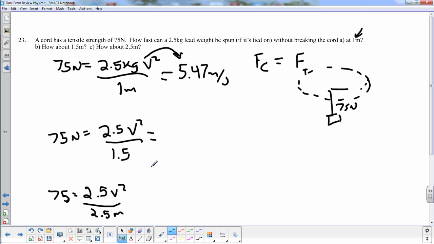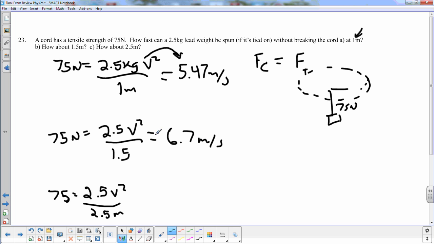And then 75 times 2.5 divided by 2.5, square root of that, 8.6 meters per second. There.